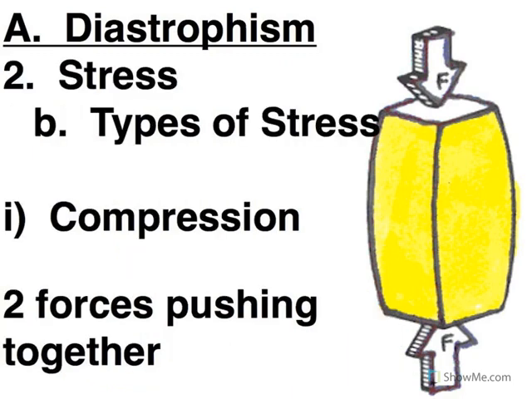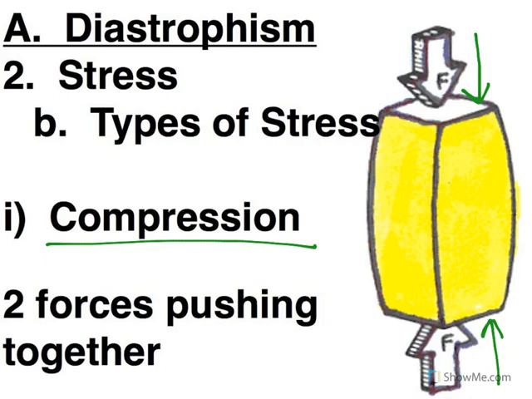So one type of stress is compression. And as you see, it says two forces pushing together. So in our example here, we have our rock between two forces, and the forces are coming together.